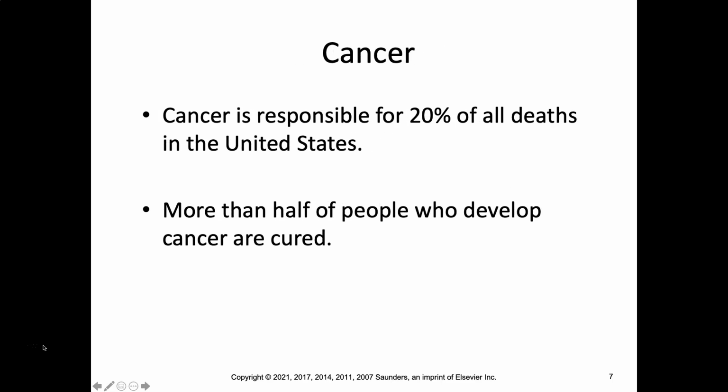Cancer is responsible for 20% of all deaths in the United States. Your book says that's about 550,000 deaths per year. So it's very serious. Now, on the plus side, more than half of people who develop cancer are cured. So even though many people have cancer and they do die from it, more than half who have cancer are cured.